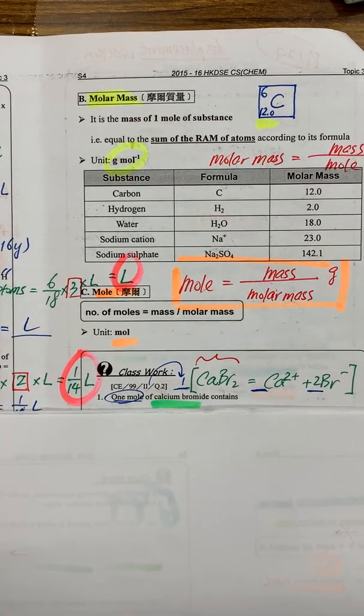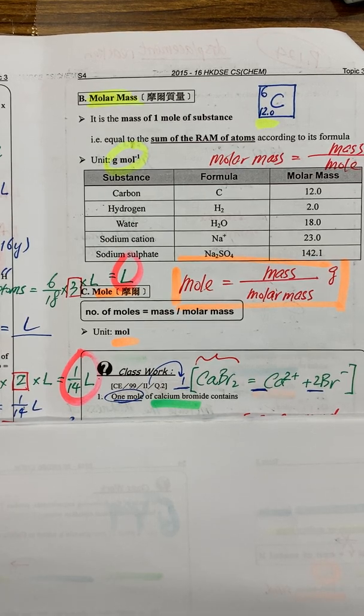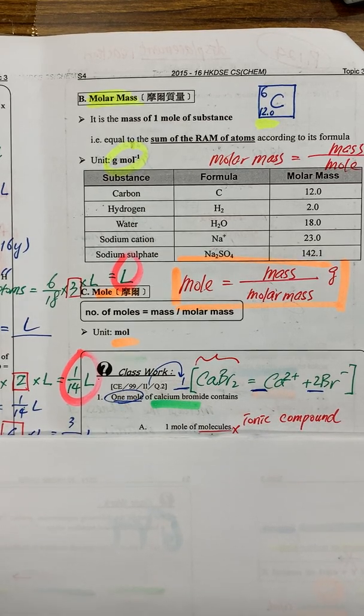Number 1, A. Now you can pause the video from time to time to check this out. If you just listen to what I describe and you don't think about it, in the exam you will encounter the same mistake. 1 mole of molecules?